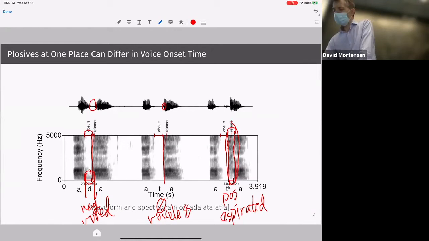So voicing begins, let's try a different color here, with the voicing of the vowel that comes afterwards. It's talking about this interval between the release and the voicing. And because the voicing happens after the release, we say that it has positive voice onset time.